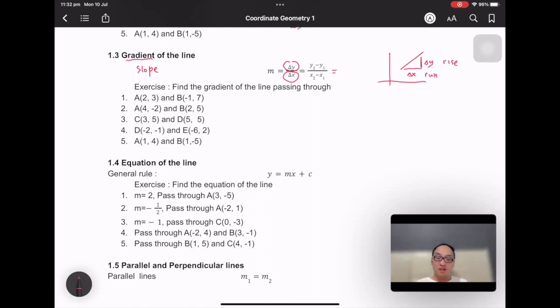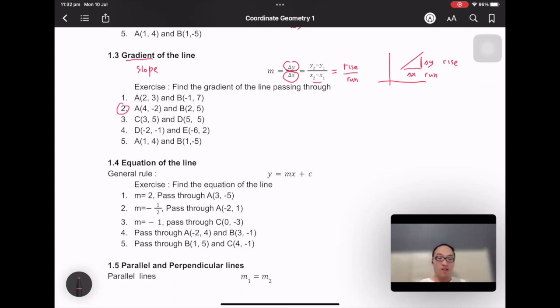Delta y again is y2 minus y1, and delta x is x2 minus x1. Example again, so I can try number 2.